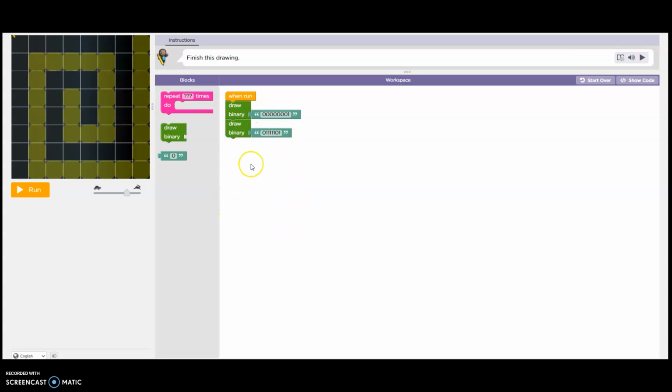Now we're going to go to our next row, that's this one, and get the draw binary. In the third row it starts with 0, 0, 1, and then it goes 3 zeros, like 1, 2, 3, 3 zeros.